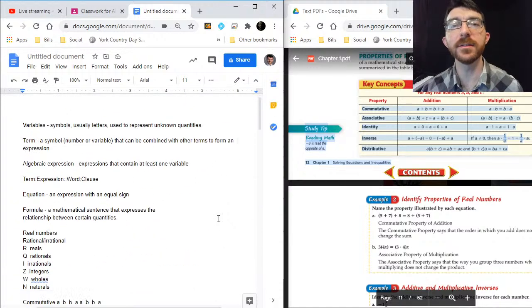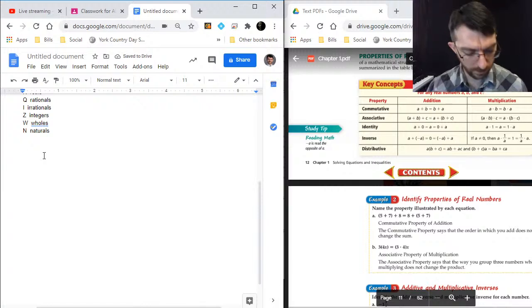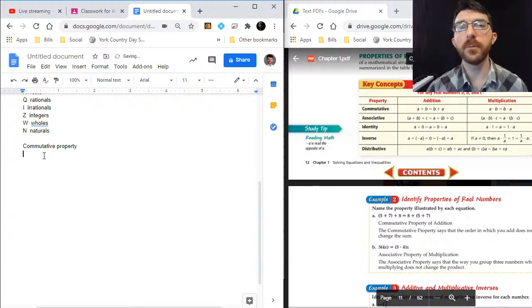Oh my goodness. A lot more than I wanted. All right, never mind. Okay, so commutative property, associative, identity, inverse, distributive. So real number properties.